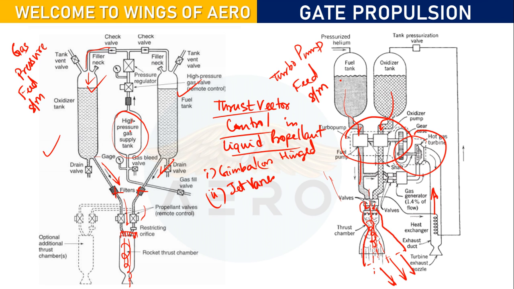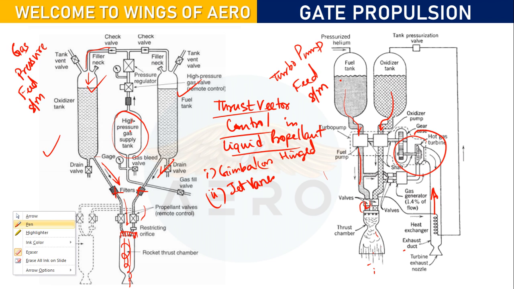Now what happens in the jet vanes is, let me erase this part. Here in the jet vanes, there will be a kind of vane, almost like a wing shaped structure, suspended at the end of this nozzle.